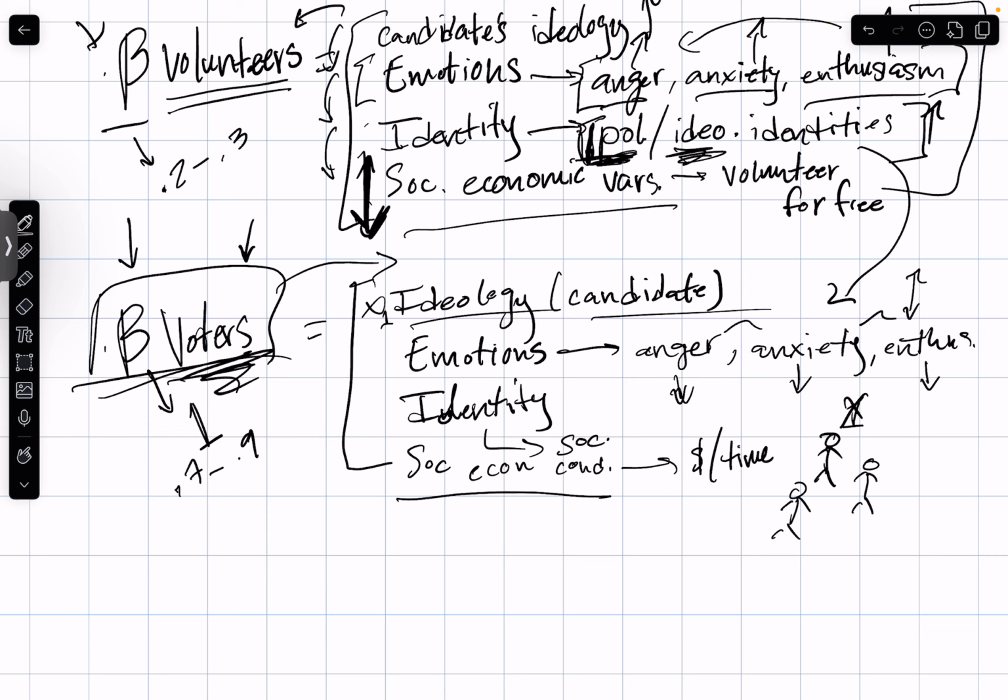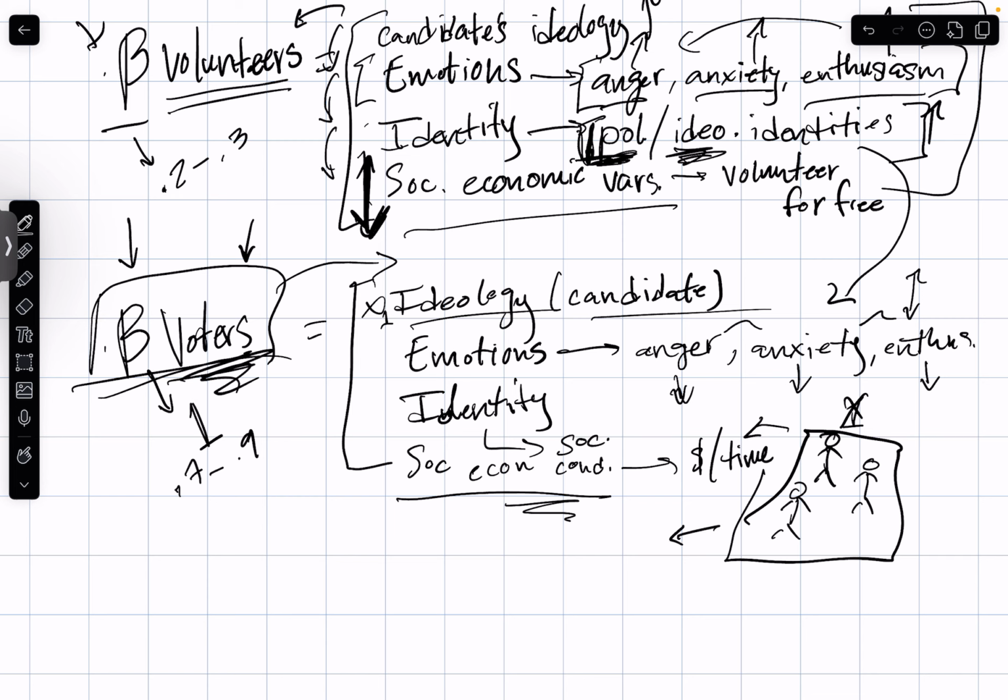So if a lot of people are feeling these worsening socioeconomic conditions, or potentially improving socioeconomic conditions, that means you'll have a bunch of people feeling that they don't have the time or the money or whatever to go out and vote.